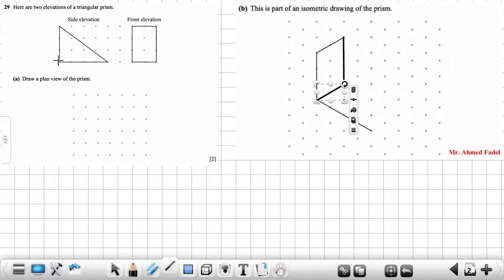Then the fourth, which is the depth, 1, 2, 3, 4. So I'm going to go 1, 2, 3, 4, and then you connect it. After that, the triangle, you must close it, which is this side. I need to close it over here. That's it.